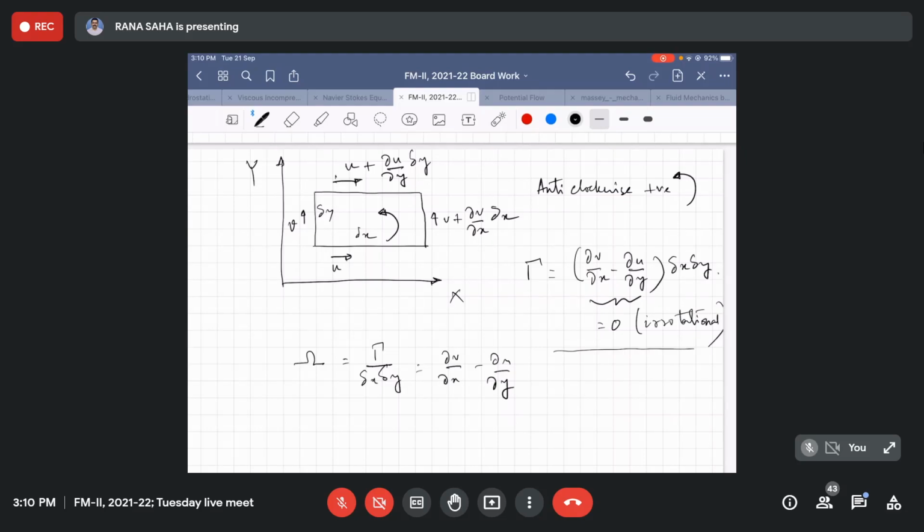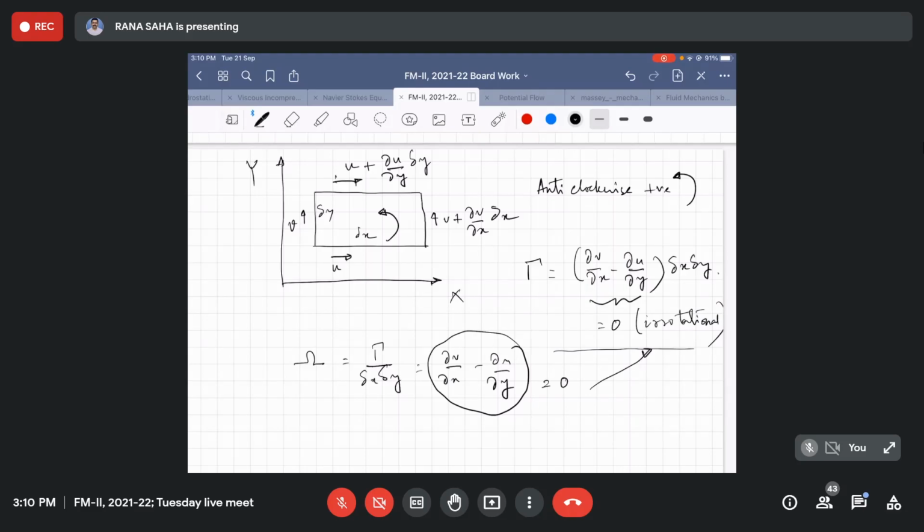So this vorticity, again for an irrotational flow, is going to be equal to 0, because this term should be equal to 0 for this irrotational flow.